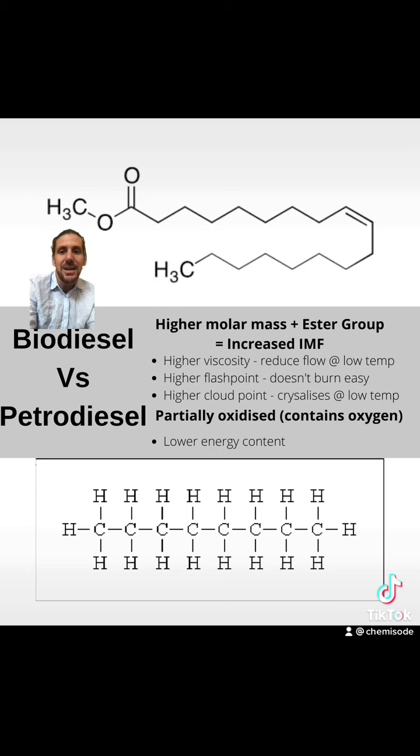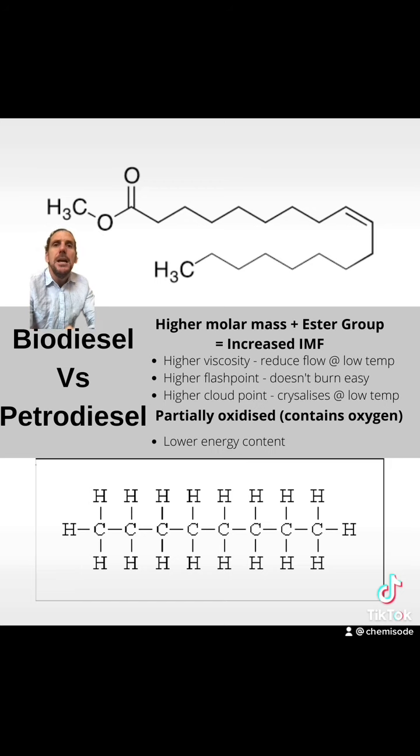It's going to be held together nice and tightly. The ester functional group provides dipole-dipole forces between molecules as well. These both point to an increase in the intermolecular forces, so the force holding these compounds together is much greater in biodiesel.